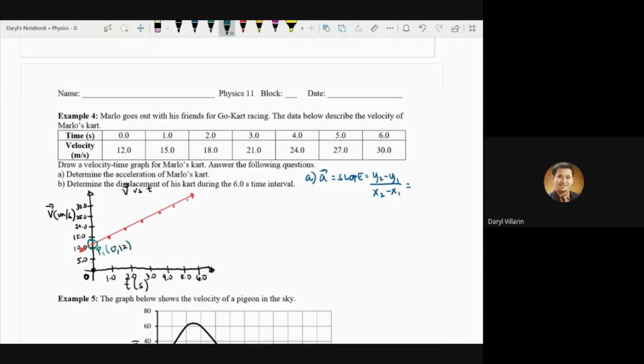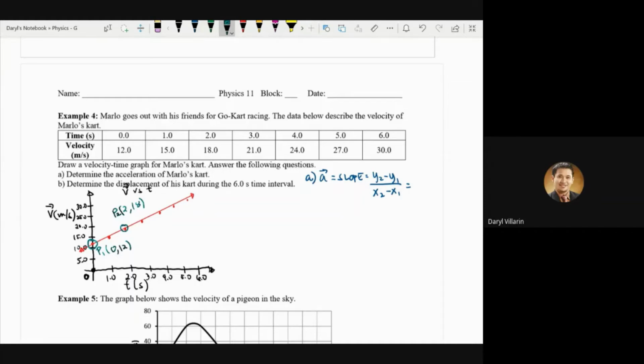And then, what else? Maybe this one here, it hits the line. So this is my P2, and that would be 2 seconds and 18. But you can also use other values.